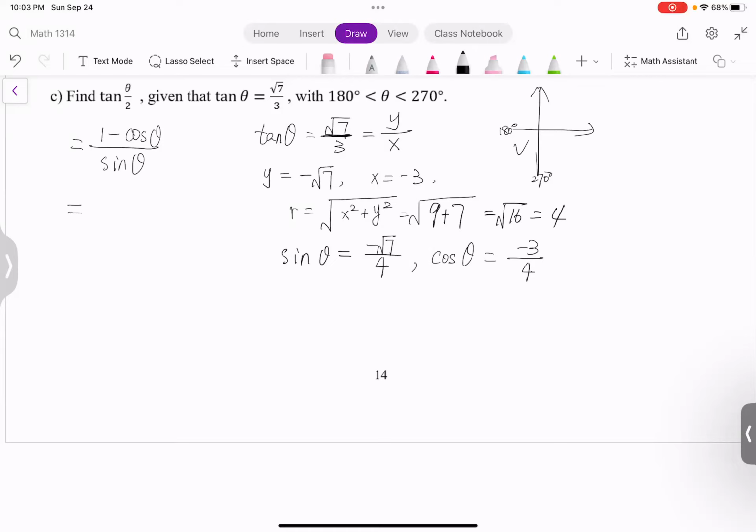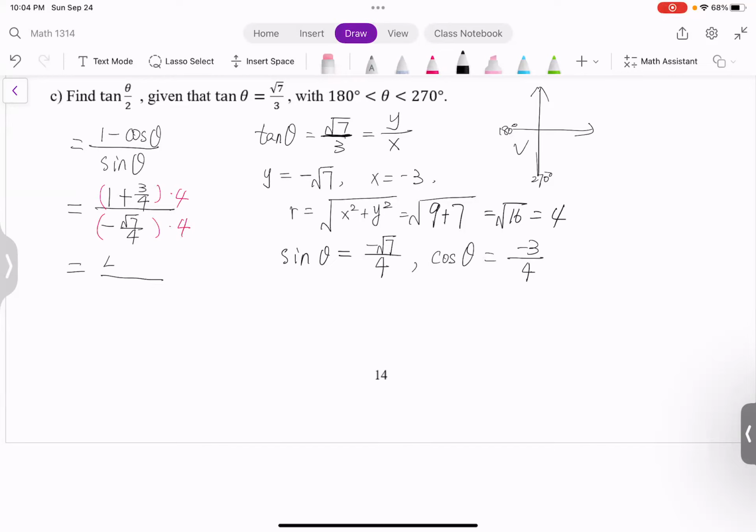So let's bring them into the formula. That is 1 minus cosine theta, minus negative 3 over 4, or you say plus. So skip one step. Plus 3 over 4, all divided by negative square root of 7 over 4. And let's multiply the top and bottom by 4.